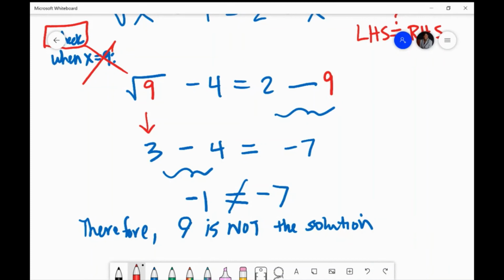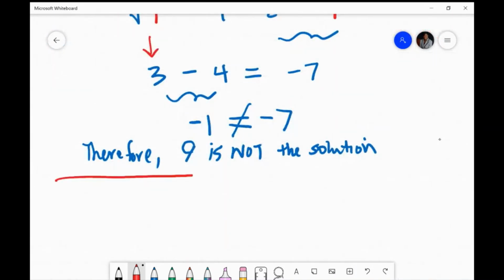I want you to check when x equals, what was the other potential answer? 4. I want you to check when x equals 4, and direct message me if it's a solution or not.